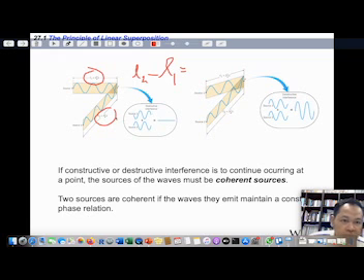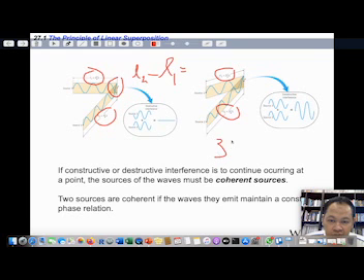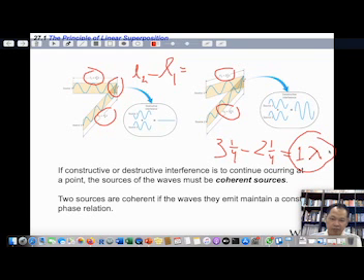This one is destructive, so you can check here, destructive. And if you have L2 and L1 like this, and the difference is 1 lambda, 3 over 4 minus 2 over 4, it is equivalent to 1 lambda, and you can see 1 lambda means constructive.